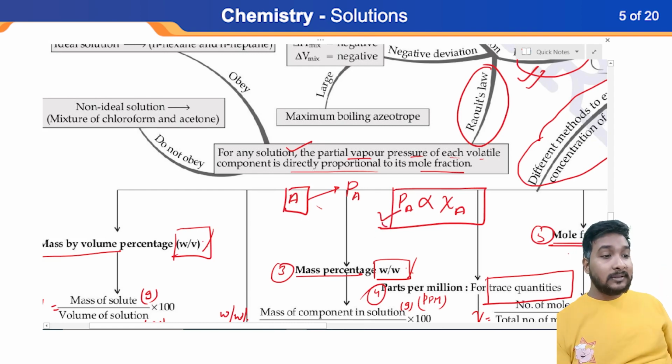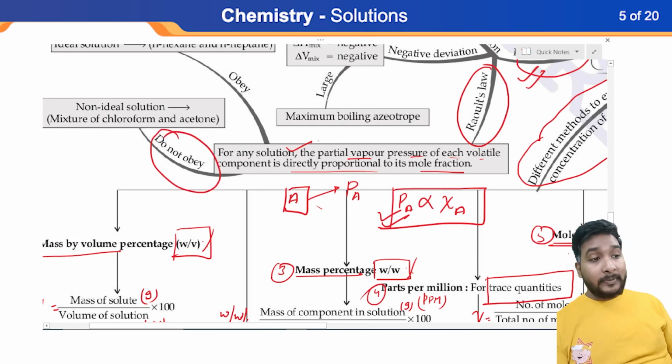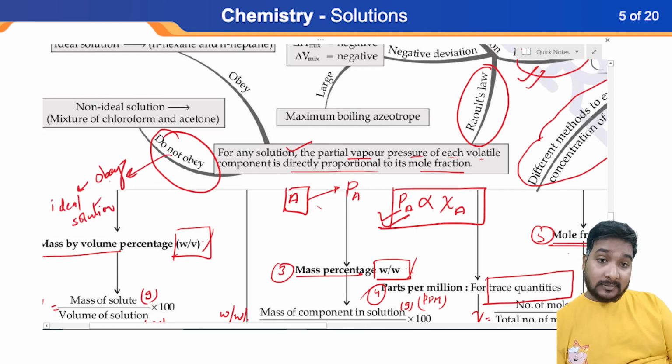So this should be the mathematical expression. Now, non-ideal solutions do not obey Raoult's law. And who obeys Raoult's law? Obviously, ideal solutions. A kid who obeys all the orders from his or her parent is an ideal boy or ideal girl.